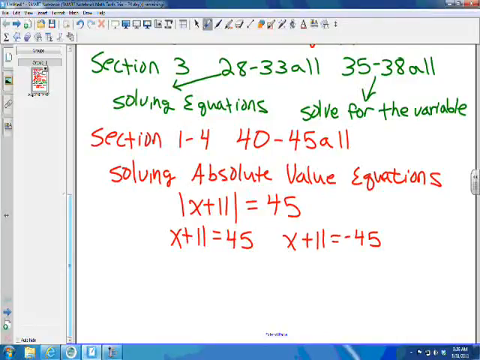Okay? I'm not going to finish solving that. You'll do it in your homework. But you have to remember that step, because this answer will be on there. If you just subtract 11 right there, what would that be, 34? That will be an answer for it. So don't pick it. Make sure you realize that has to be two answers.